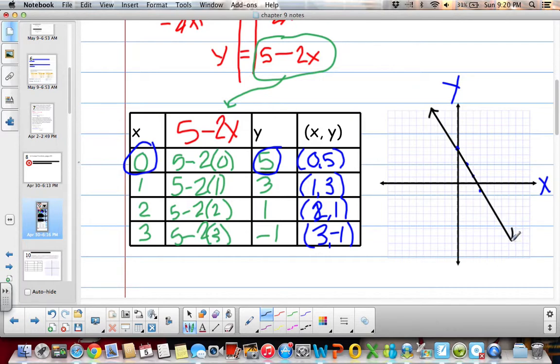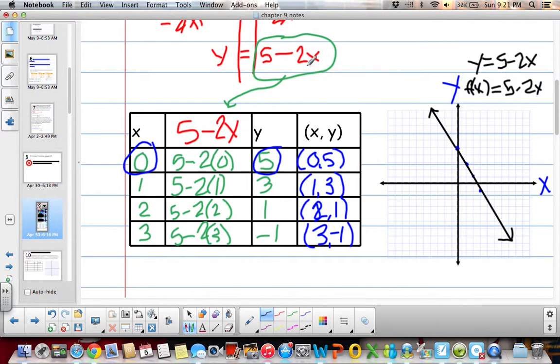So because it's a straight line, it is a linear function. This is a function. This is the line of the function y equals 5 minus 2x, or you can write it as f of x, so the f of x is the same as y, equals 5 minus 2x.